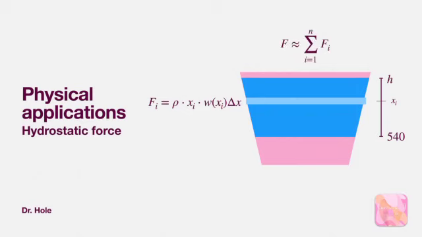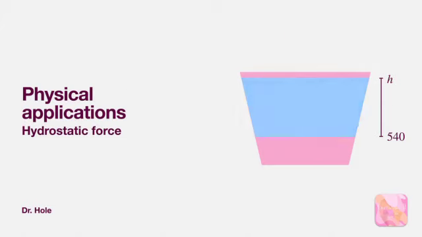Then we have a Riemann sum, which will allow us to take a limit and find that the force exerted by the water on the dam is given by this definite integral. Beautiful.